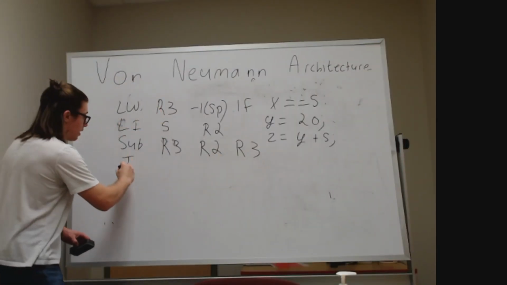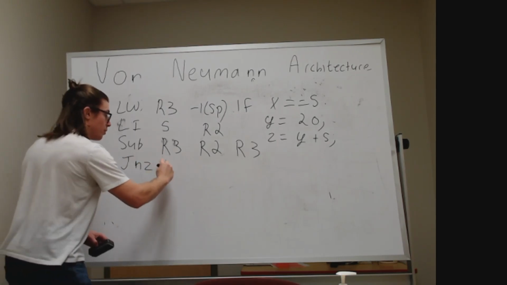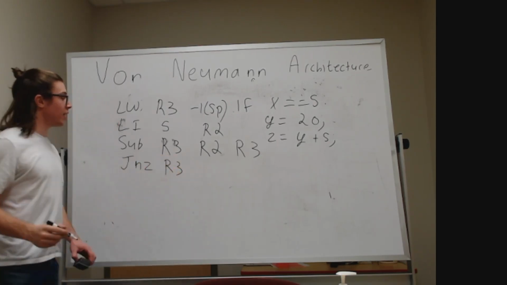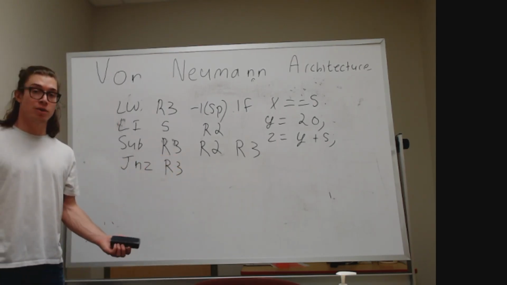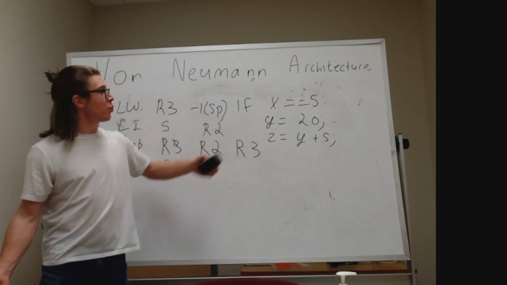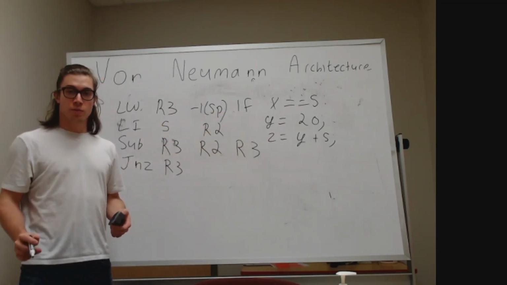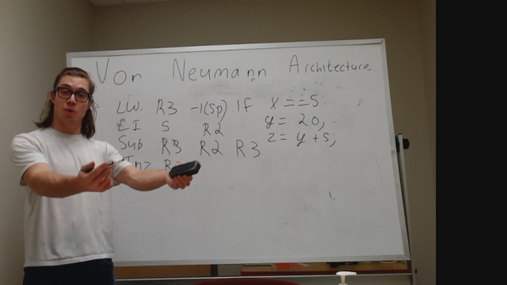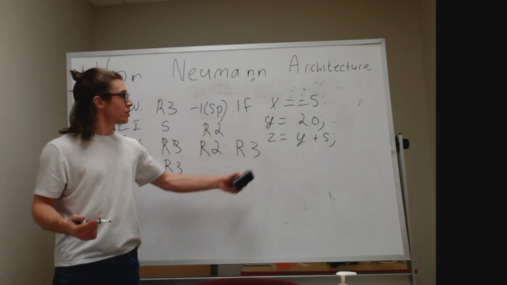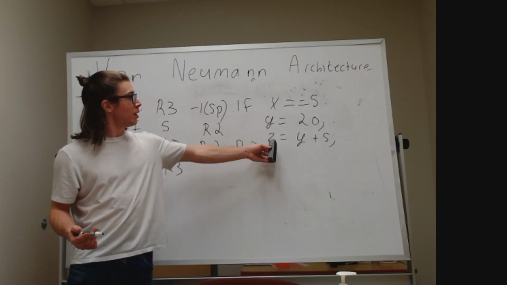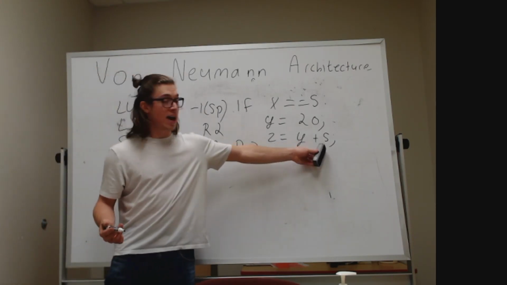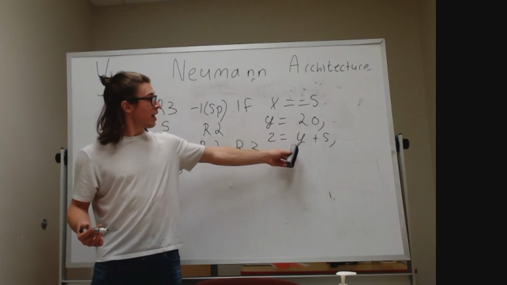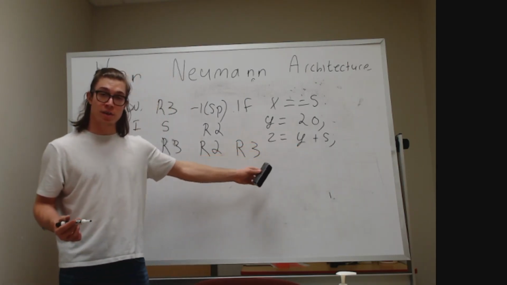And now we can say jump if not 0, register 3, and then we say how far we want to jump. So if y equals 20 is 1 instruction, well, it's not. Remember that y equals 20 is load and then store, so that's 2 instructions. And this is going to be load a 5, store the 5, and add those 2 registers together and then store.